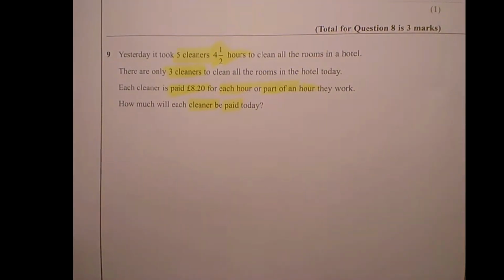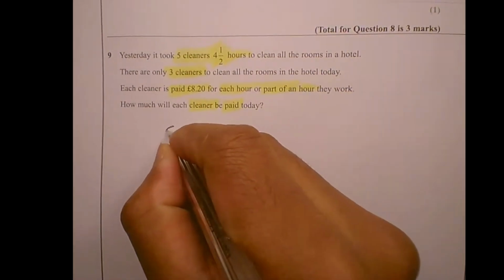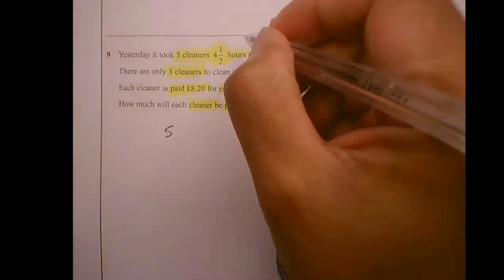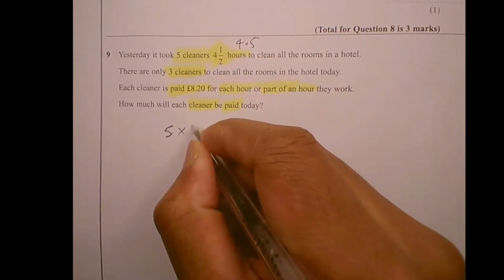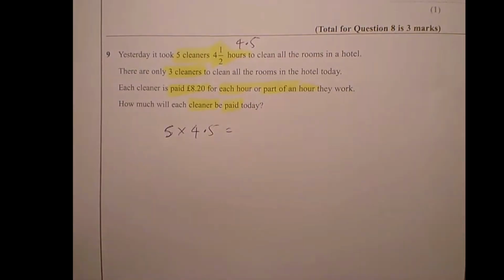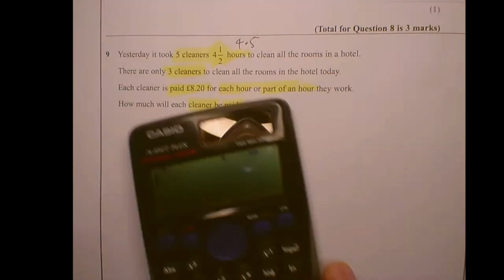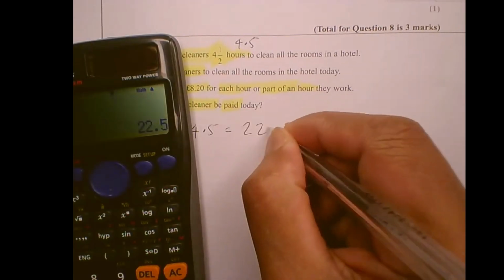So the first thing, like before, we're going to find the total time. So we've got 5 cleaners, and 4.5 is 4.5 as a decimal. So 5 times 4.5 gives me the total hours. So I'm going to have 5 times 4.5. That gives me 22.5.